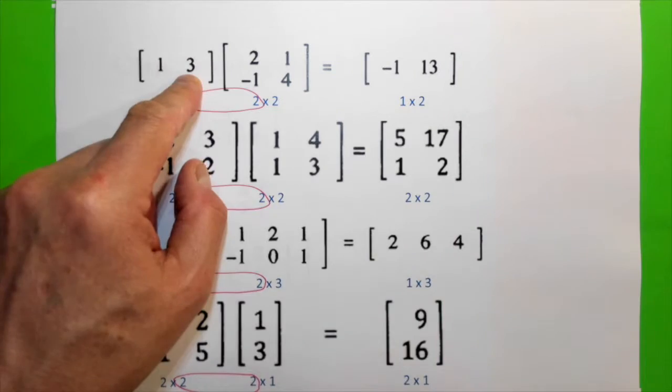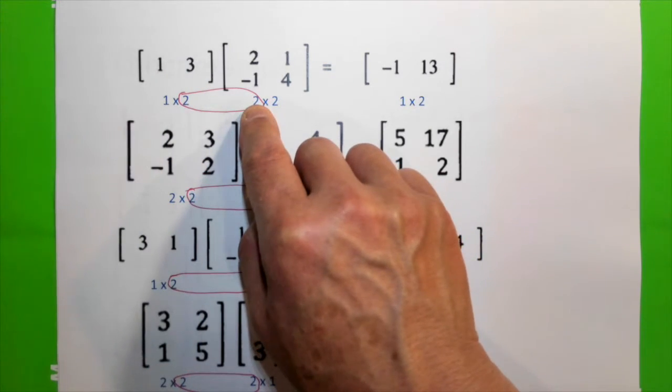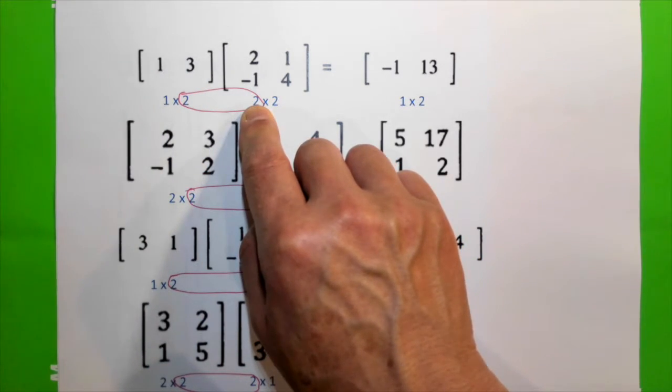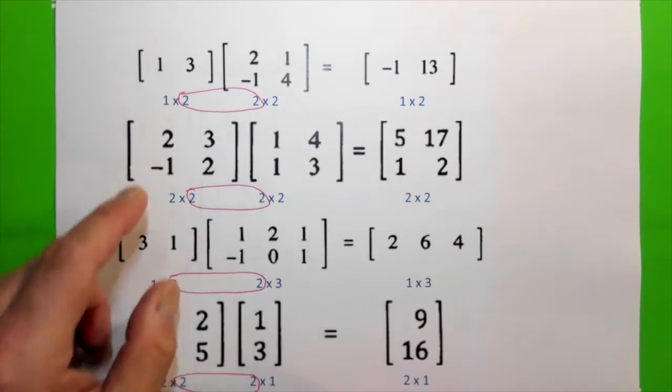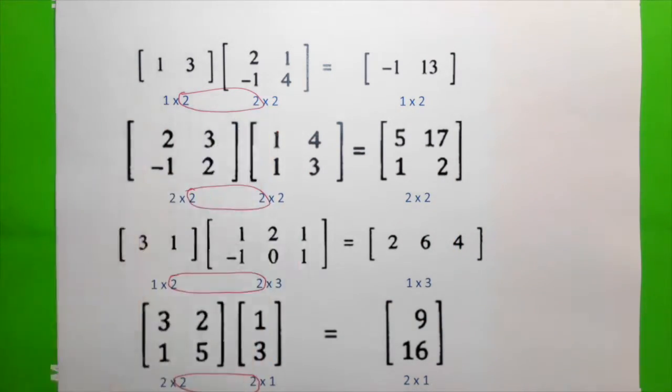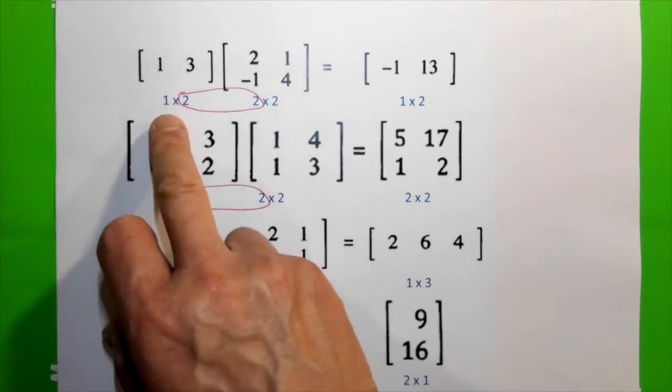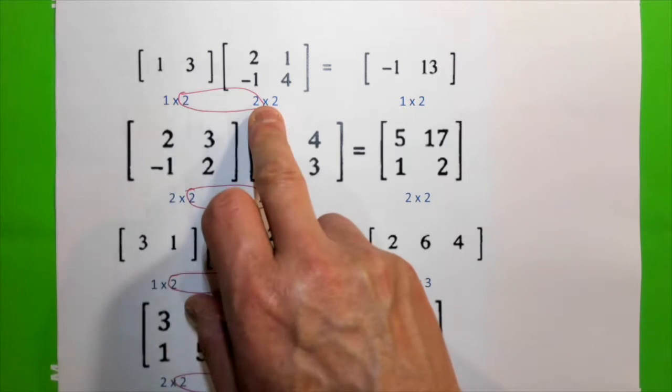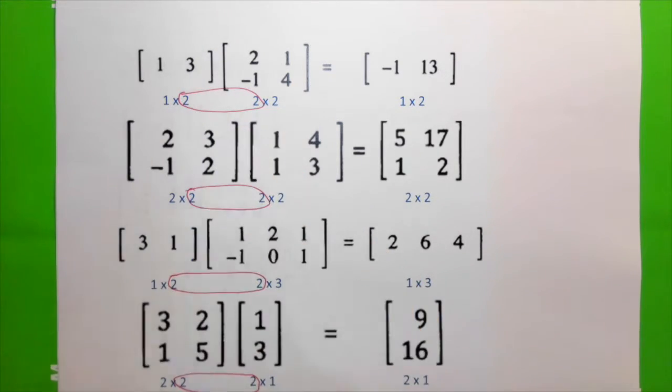If the column number is not the same as the row number of the second matrix, you cannot multiply. So if this is a 1 by 3 matrix and there's a 2 by 2 matrix, the multiplication cannot happen. Or if this is a 2 by 1 matrix and this is a 2 by 2, again the multiplication will not happen.